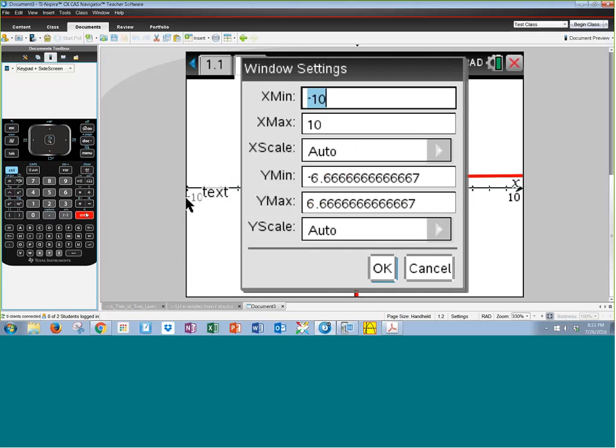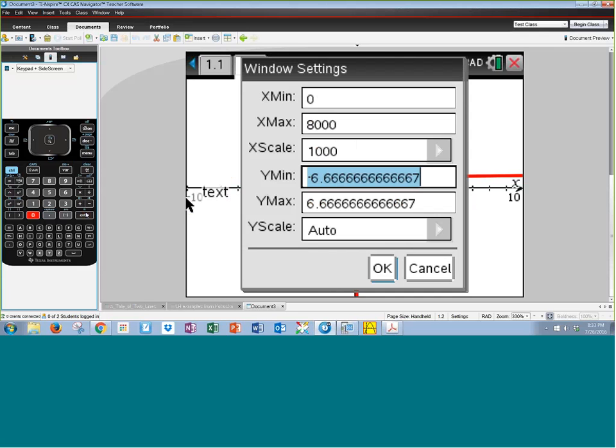And so what we might want to do here is get a little more extreme with our values. Let's put 0, and let's put something really large like 8,000. And if you want to force a particular X scale, and sometimes I do, I might put 1,000, so I don't have that many tick marks in my way as I look at this graph.